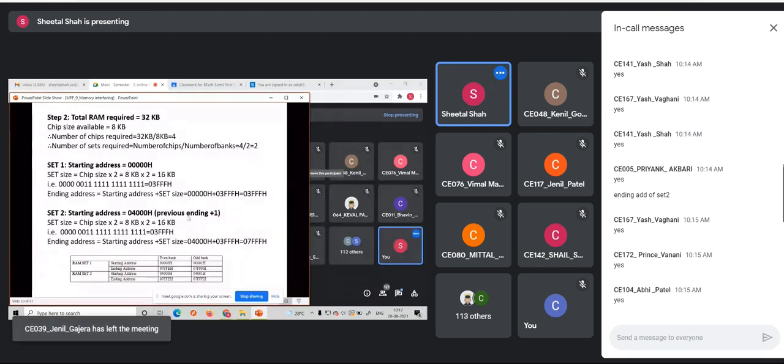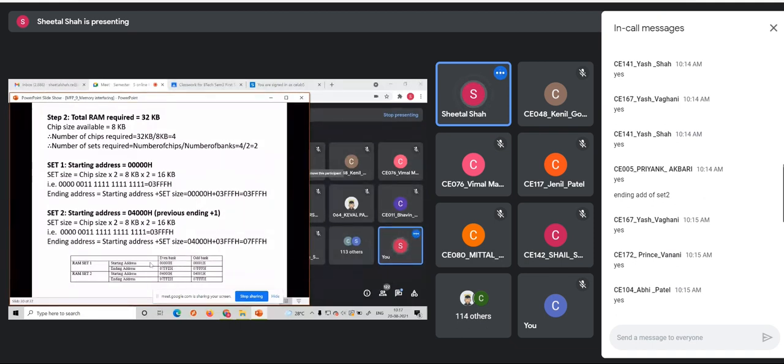Similarly, if it is not provided from what address we have to start with the RAM IC, here in this example, it has started with the first address, that is 00000. Okay. Now, the ending address of this would be what?